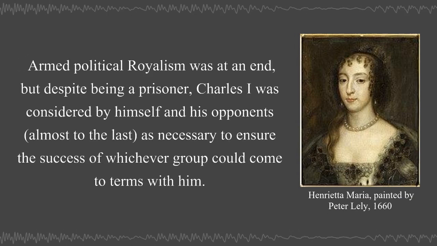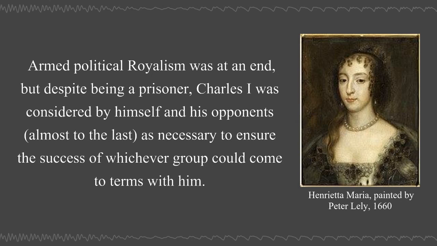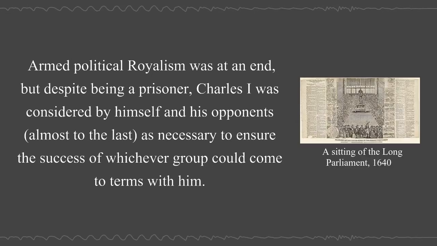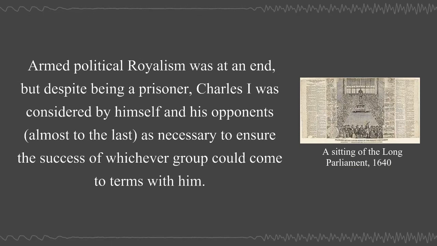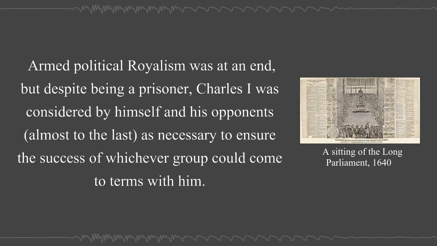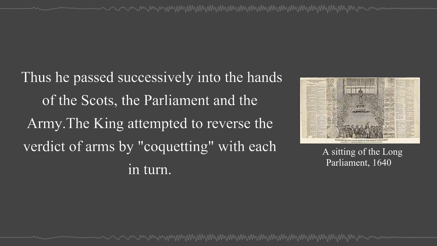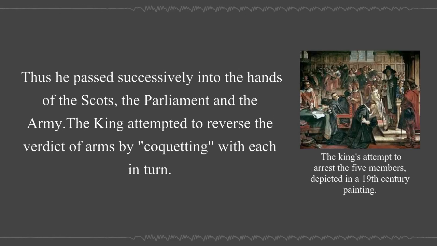Armed political royalism was at an end, but despite being a prisoner, Charles I was considered by himself and his opponents, almost to the last, as necessary to ensure the success of whichever group could come to terms with him. Thus he passed successively into the hands of the Scots, the Parliament, and the army.